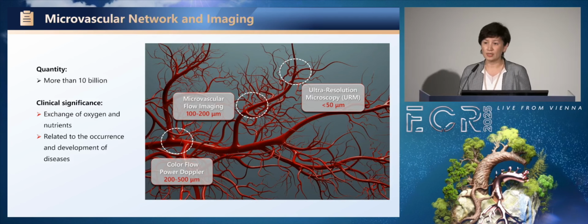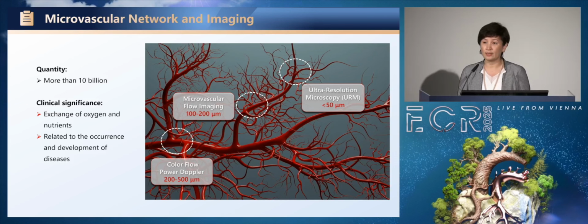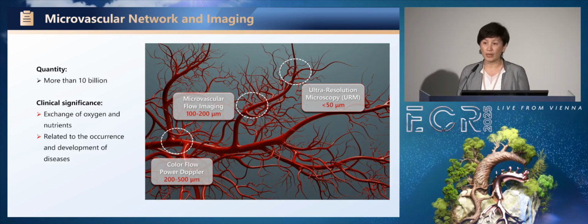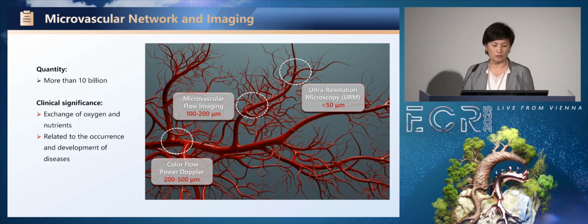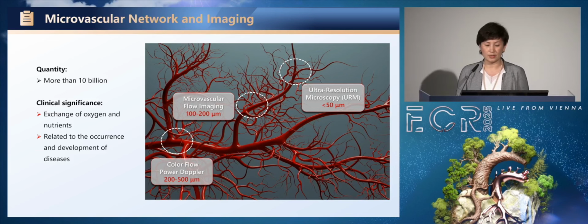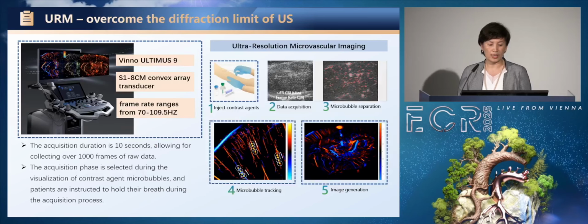In clinical practice, color CDFI or power Doppler can display vessel diameters from 200 to 500 microns, and microvascular flow imaging can display 100 to 200 microns. But now ultra-resolution microscopy, which we call URM, can display diameters of less than 50 microns. So we can do more in our research work.